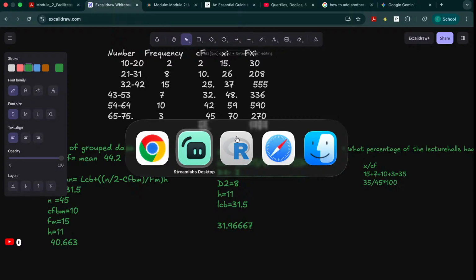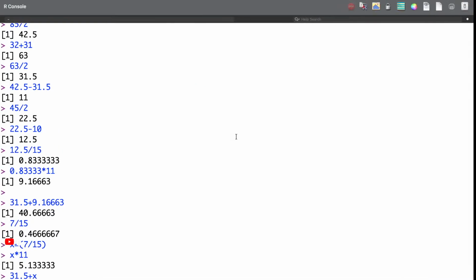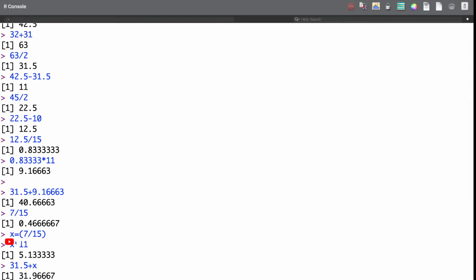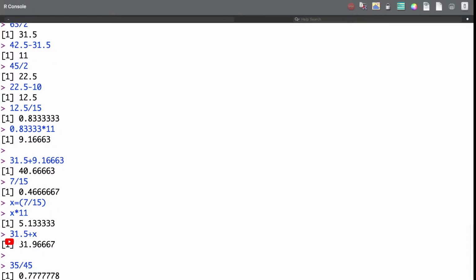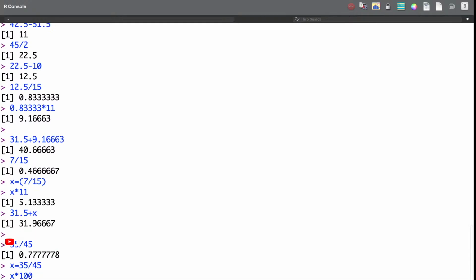So what should we do? So we have 35 divided by 45. Then we times, let me save it as a variable. Then we have x times 100. Yep.